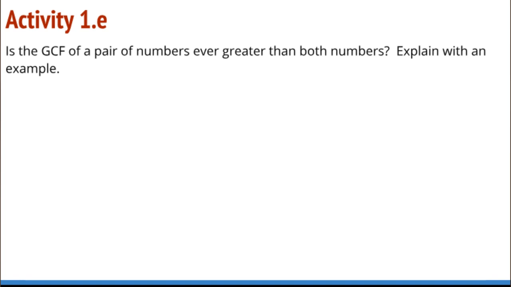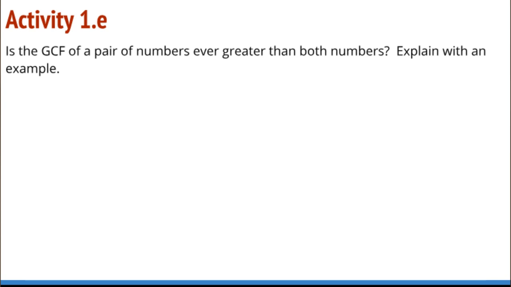Is the greatest common factor ever greater than both numbers? And pause and think about that for a moment. And I hope you came to the conclusion that no, that isn't possible, because factors are always less than the number.